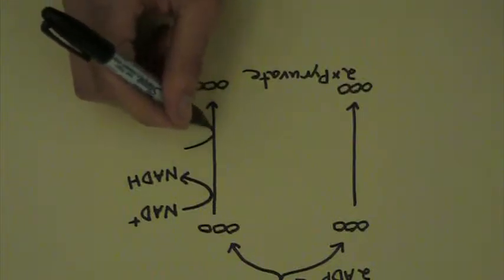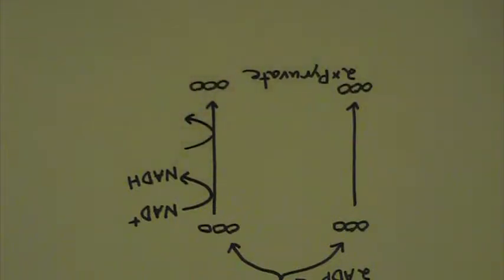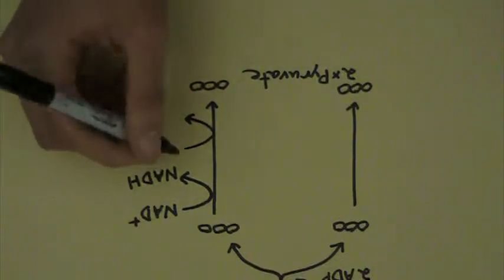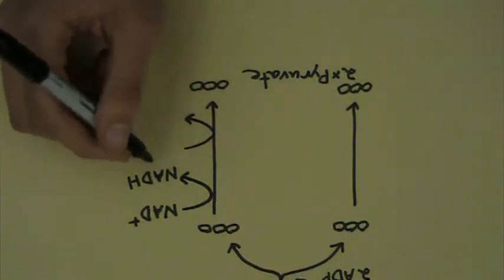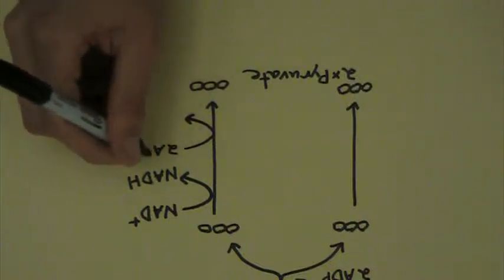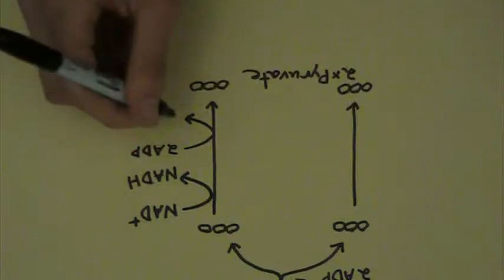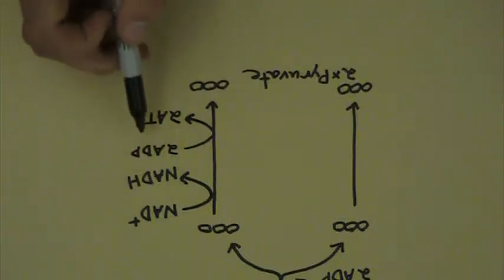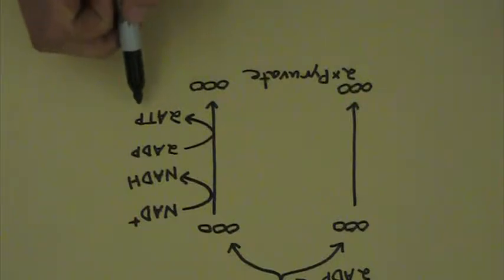As well as that, we have something called substrate level phosphorylation. This is phosphorylation that's taking place as a result of a chemical reaction in the substrate. 2 ADP are being converted into 2 ATP. Adenosine diphosphate into adenosine triphosphate.